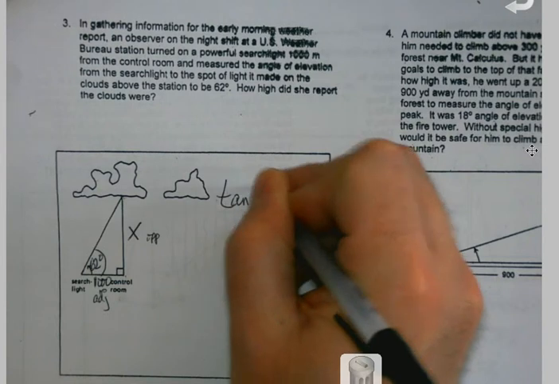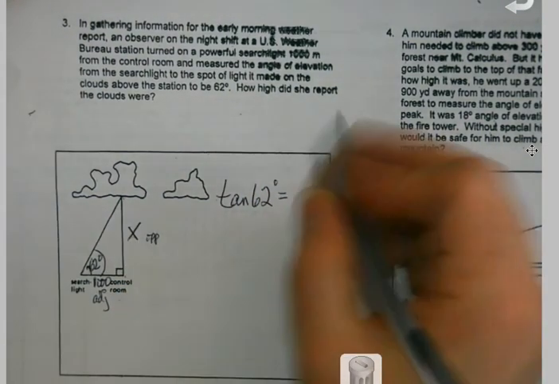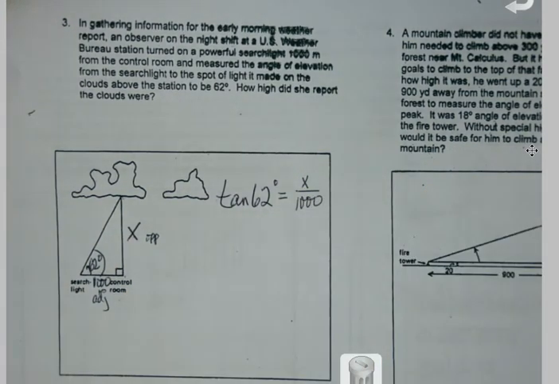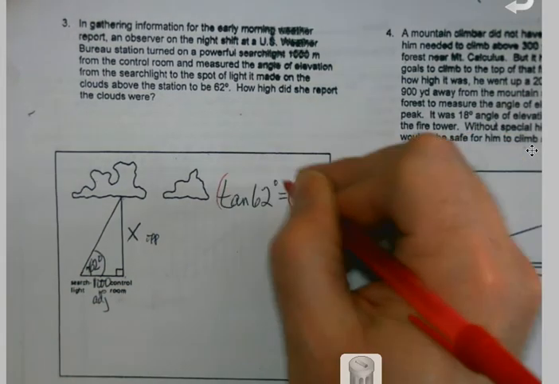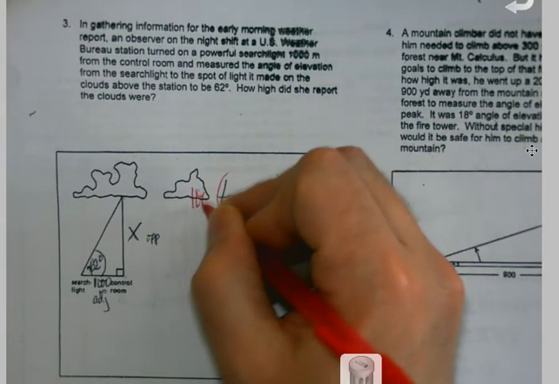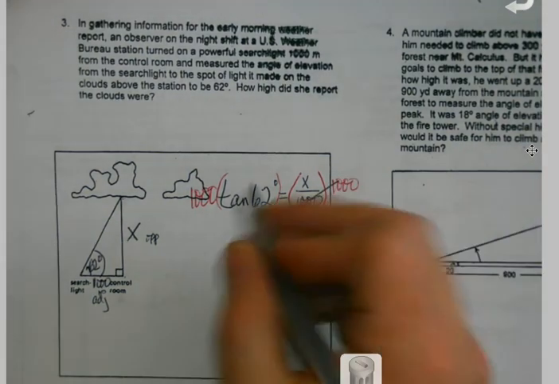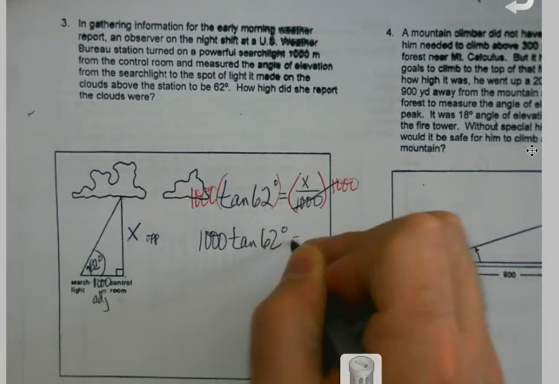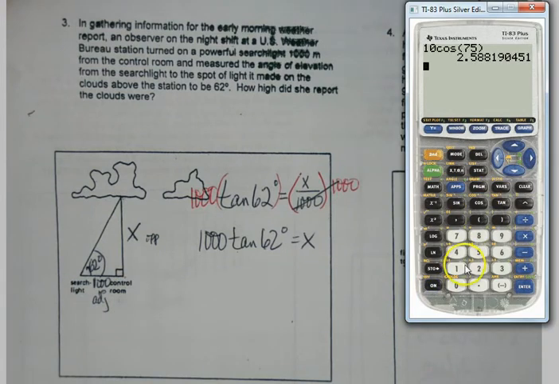So the tangent of 62 degrees would equal opposite over adjacent. And similar to what we had happen back in the last one, 1,000. And we just do our opposites and run with this. So we'll get this guy plugged in.